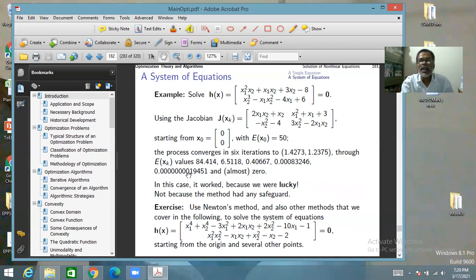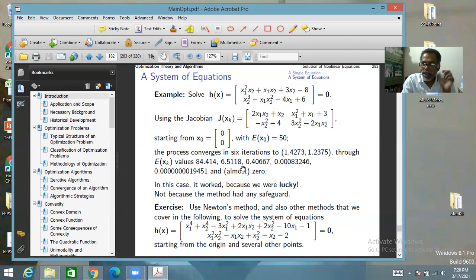So I suggest you take the task of solving this system as an exercise by Newton's method and also by methods that we are going to discuss afterwards, from the origin 0, 0 and from some other points also. See how it may happen that starting from some points the method works, and starting from some other point it does not work, or it works and goes to another solution. Systems of nonlinear equations may have more solutions, and for that matter, may not have solutions also.